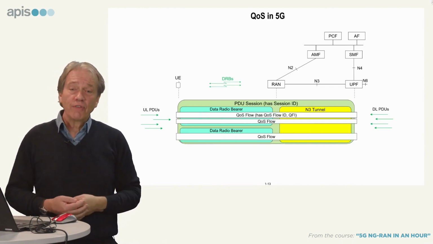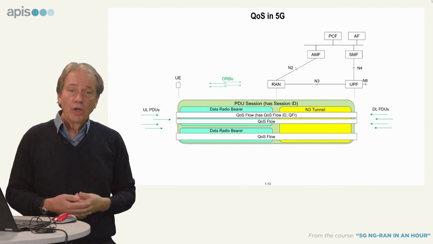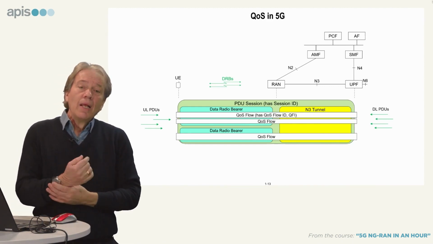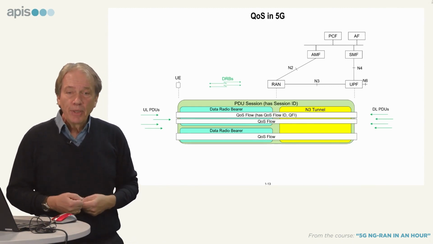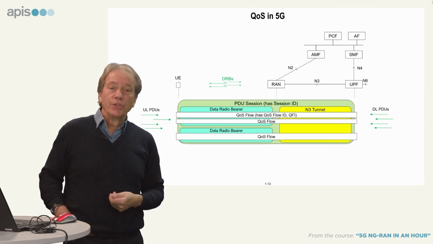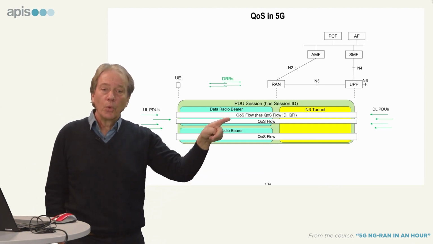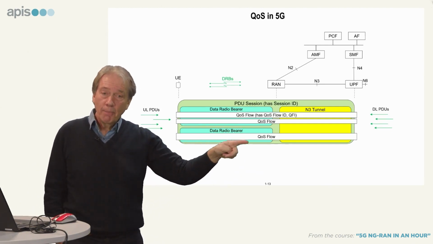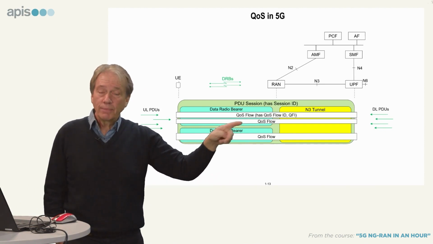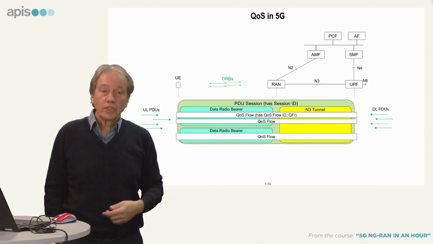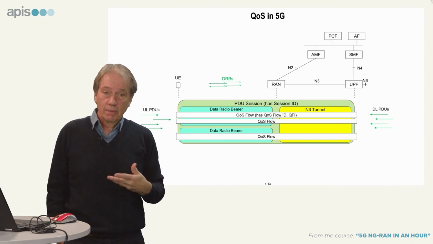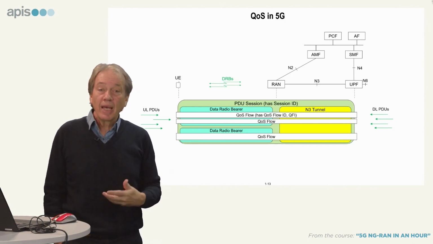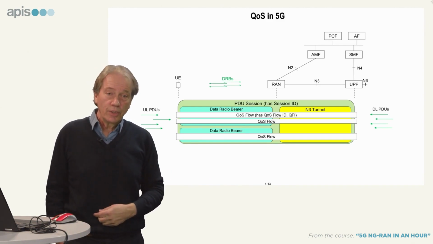And then in 5G, we have the concept of QoS Flows. So all traffic in a PDU session will belong to a so-called QoS flow. In this example, we have three, but then again, this is just an example I made up. So in a real situation, there can be any number of QoS flows in a session.